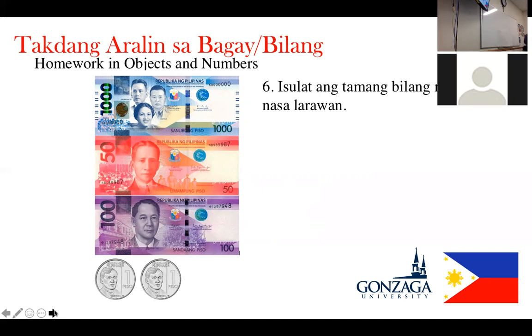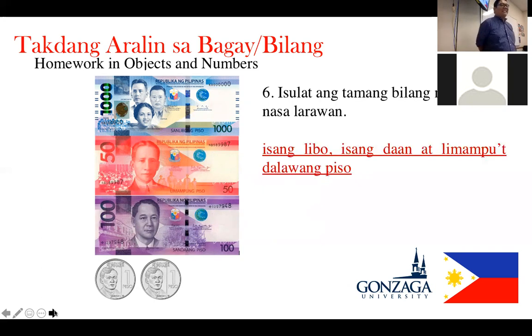That's like the numbers. There's no like sentence that I have to say, right? The bilang in words. Okay. Isang libo, isang daan at limampu't dalawang piso. Okay. So the correct answer is 1,152 piso.